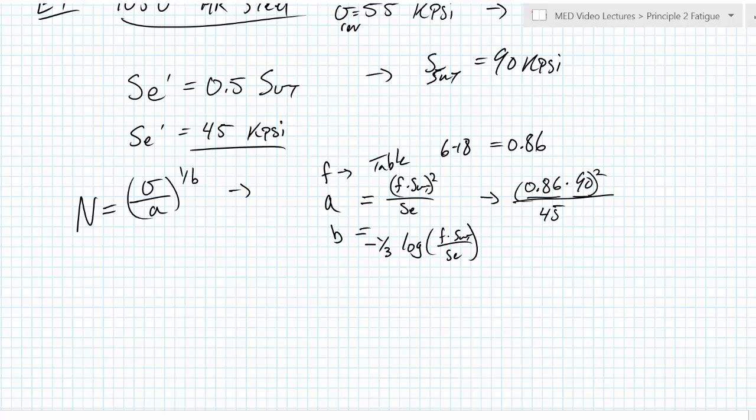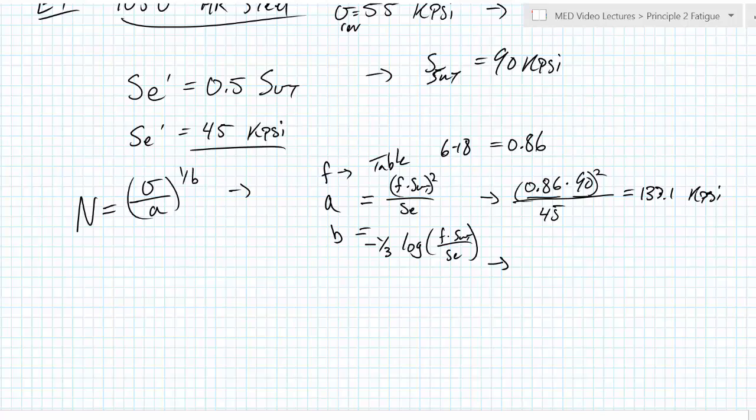Notice this is kpsi squared over kpsi, so we should just get a kpsi value out of this. So the answer to this would be 133.1 kpsi. So it'll retain whatever units you keep stress and your endurance strength under.